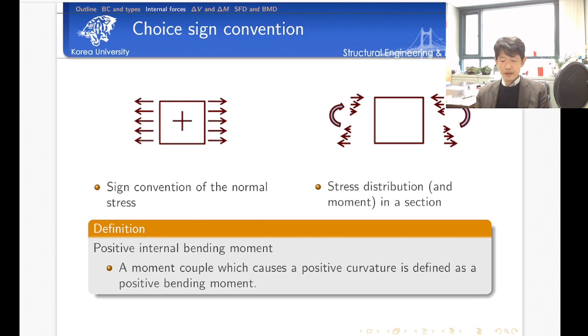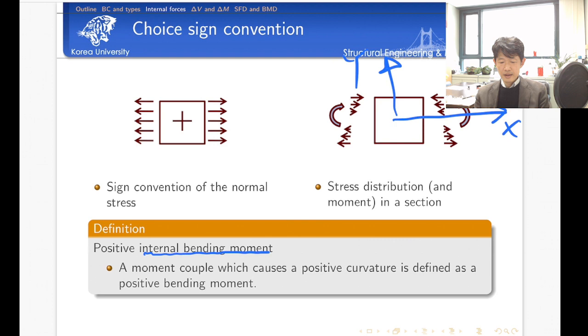For bending moment, the sign convention is very, very easy. Let's say we have a coordinate like this, and then the sign convention is: if any internal bending moment produces a positive curvature, for the choice of coordinate system, we define it as a positive bending moment.